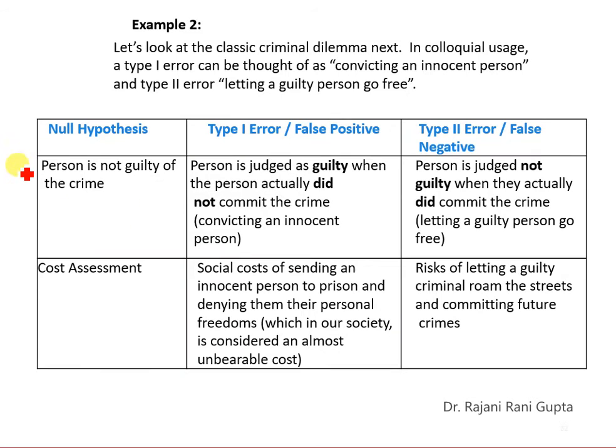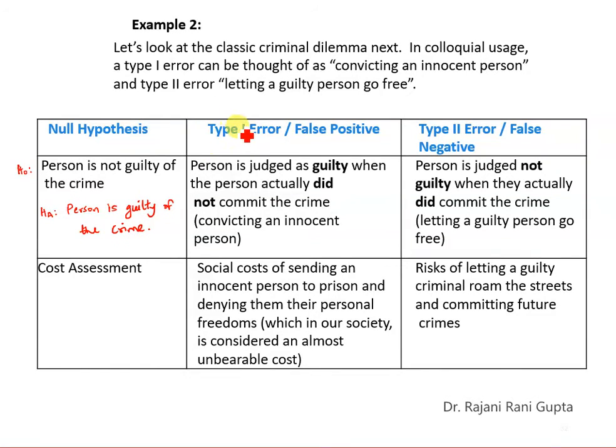Now assume that H naught, the null hypothesis, is that the person is not guilty of the crime. Then the alternative hypothesis is that the person is guilty of the crime.